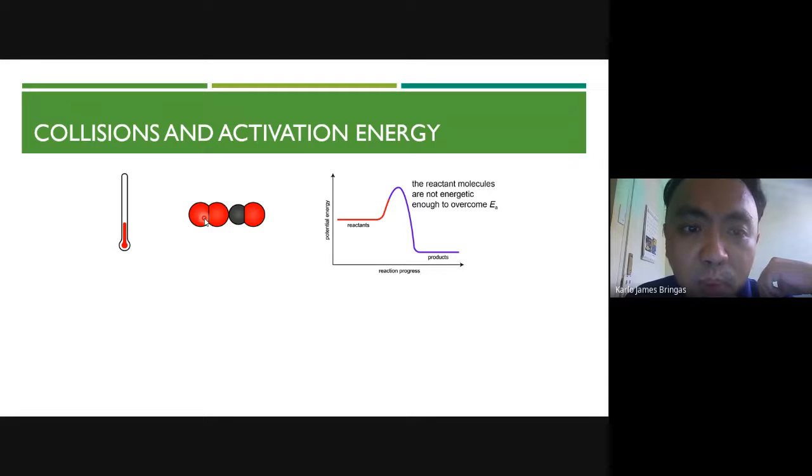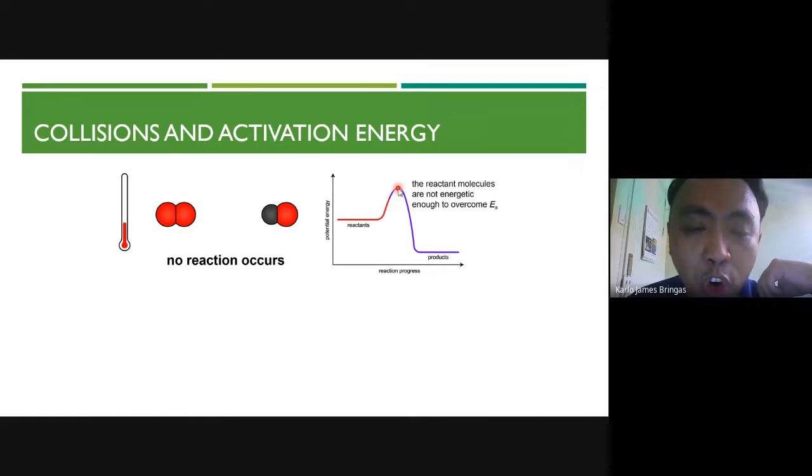Since they're not moving very quickly, they are not very energetic at all. And as such, they don't have enough energy na kaya nilang akyatin si activation energy barrier. So basically, no reaction has occurred. They basically just bounced off one another.